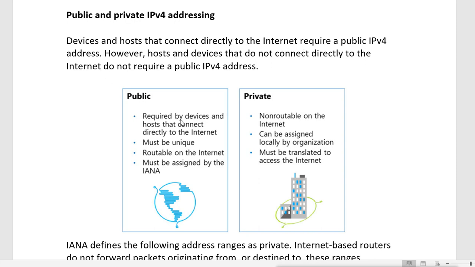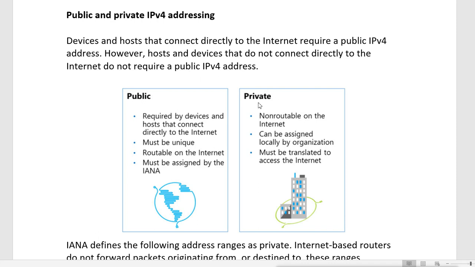That means if you want to connect to the internet, you need a public address. Without a public address, you cannot connect. However, hosts and devices that do not connect directly to the internet do not require a public IPv4 address, so they can work on private addresses.